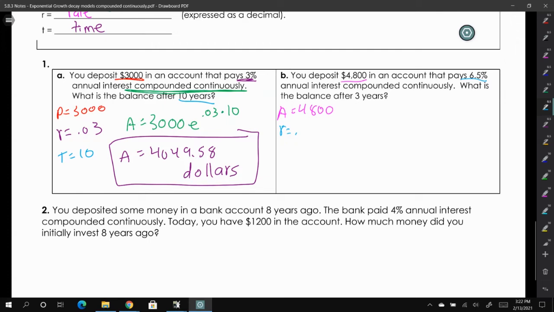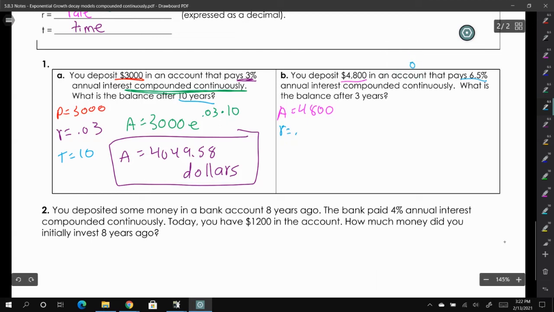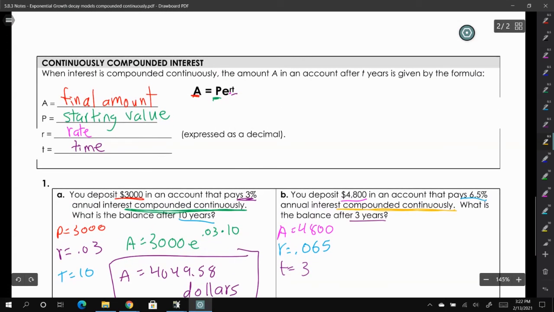No, if I had you say 6%, I know you would say, oh, that's 0.06. This is just another place further. This is 6.5%. So the decimal equivalent for this is 0.065. Time is 3 years, and this says compounded continuously, so we are going to use this formula right here.